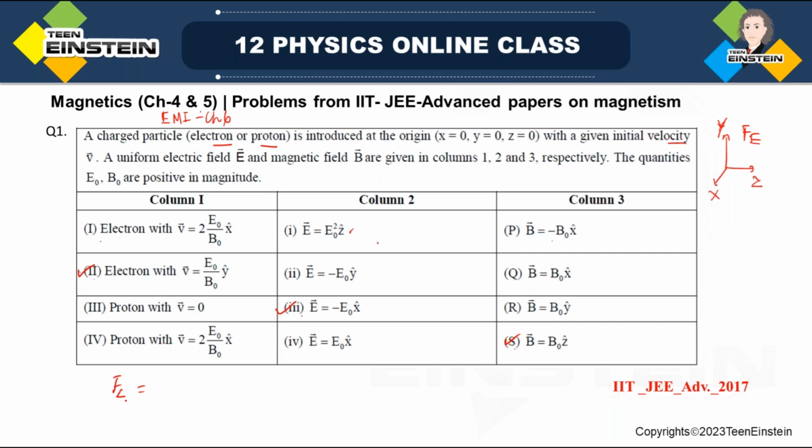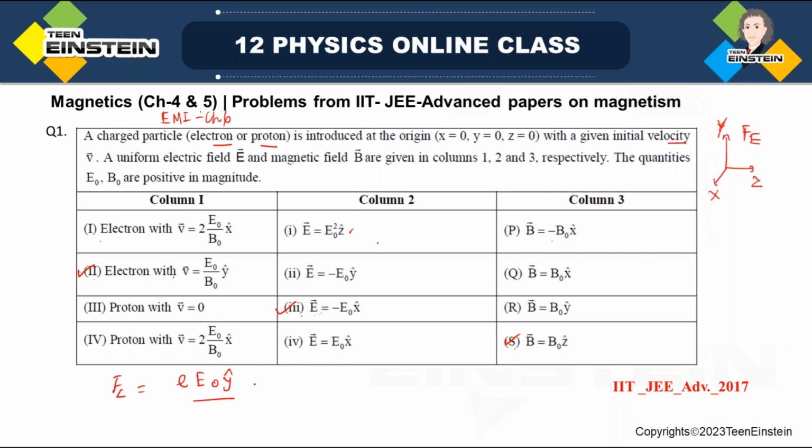What is the electric force? It is Q into E. I'm sorry, so Q into E, this will be along the y cap direction.